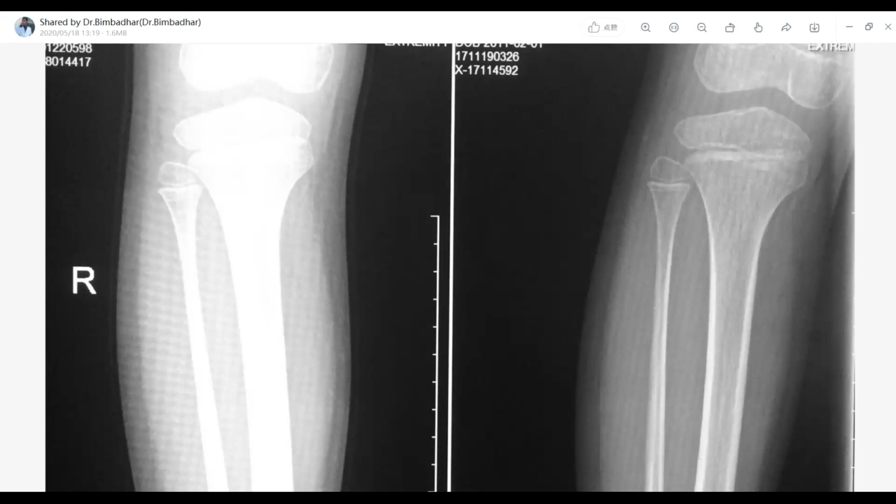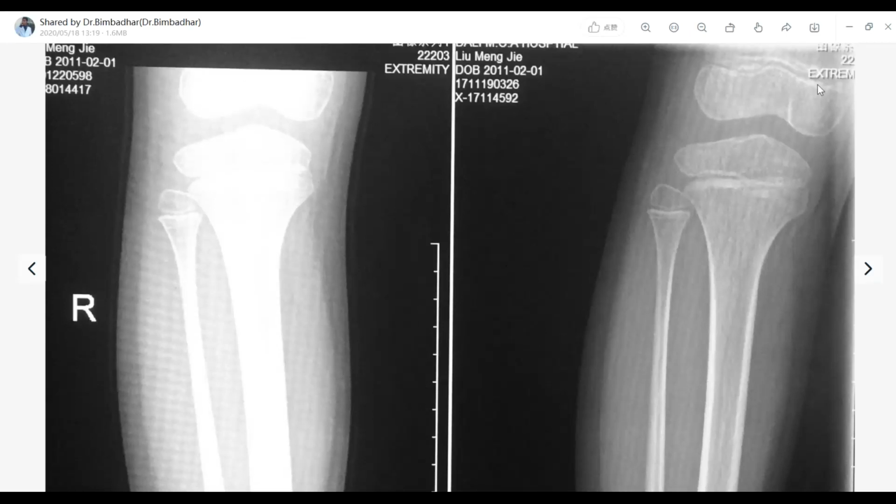Since Devendra is talking about this one here, I need to compare it to the symmetry. Symmetry of each individual bone also has to be compared, also compared to the other side. Either you compare proximal to distal, or superior to inferior, medial to lateral.